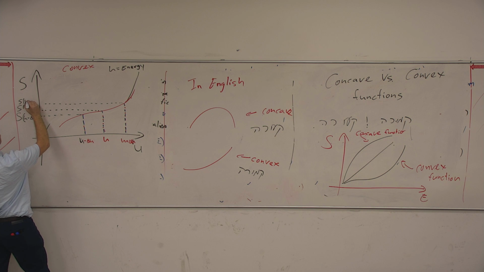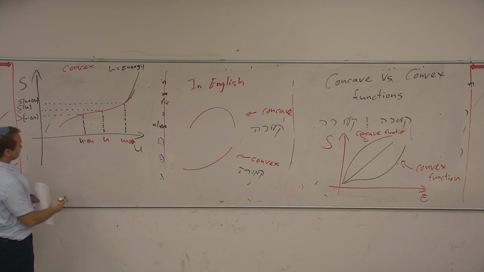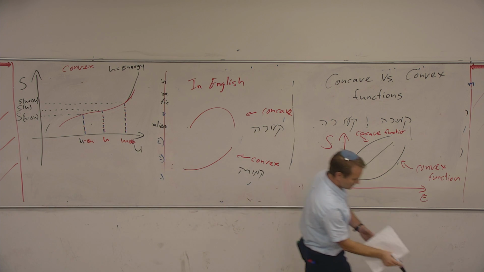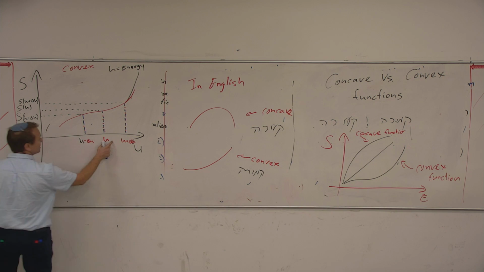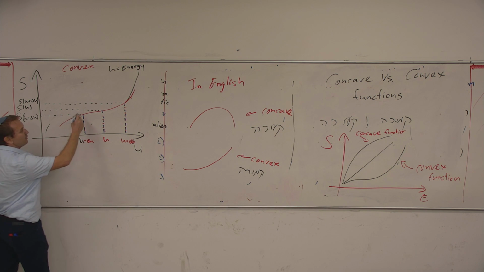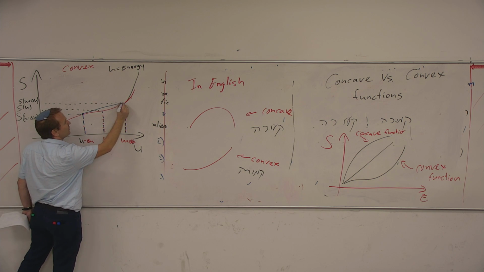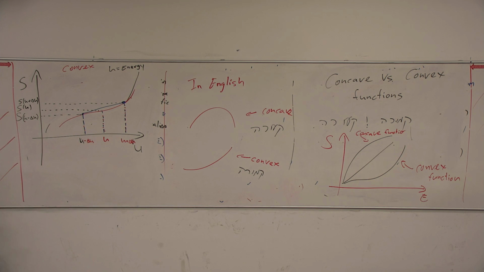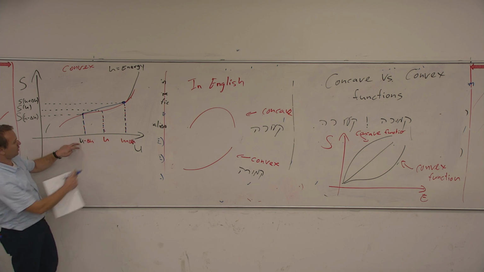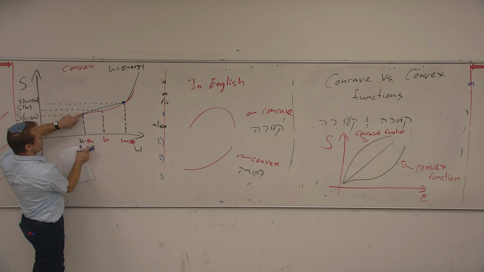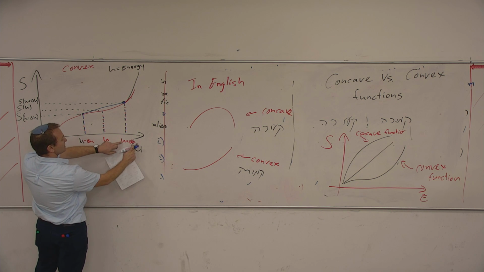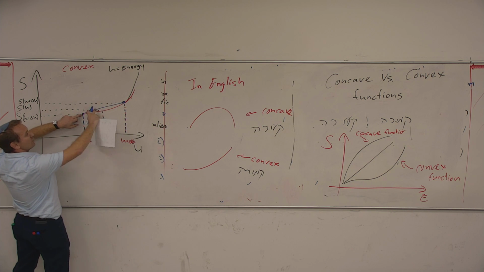And this is S of U plus delta U. Convex means that we plot a chord from one point to another, and the function for any values of U between the left and right ends of the chord is always below this chord.